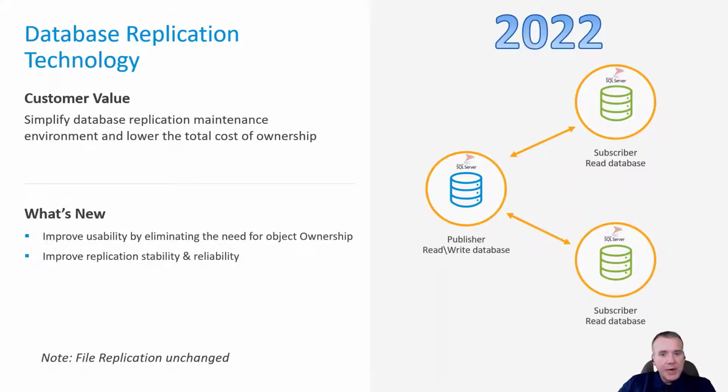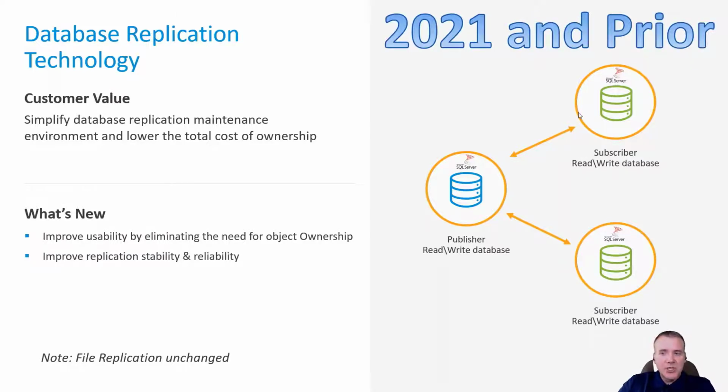And in certain situations, there was some benefit to the old model where you could make changes to a subscriber even though you weren't connected to the primary site, and then eventually connect and sync up.